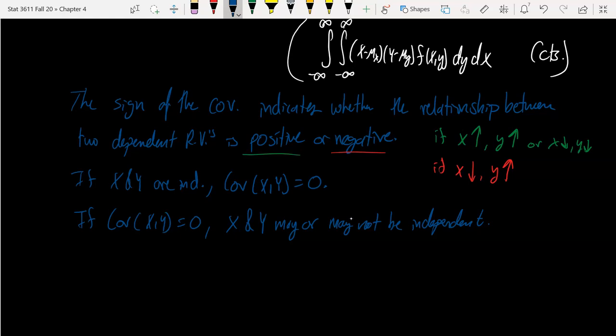So think about it like this. How can this be? If they are independent, the covariance is 0. But if the covariance is 0, they may or may not be independent. One of them is basically more restricted than the other, in some sense, right? So this is a one-way street, okay? Just because the covariance is 0 does not mean they are independent per se.